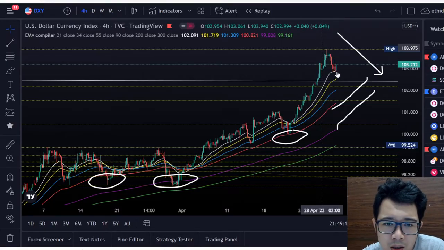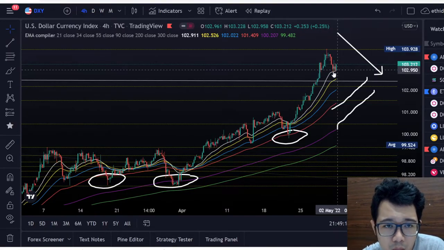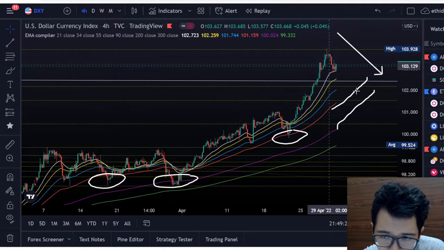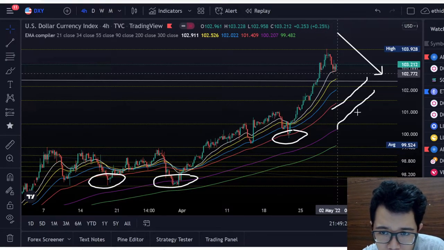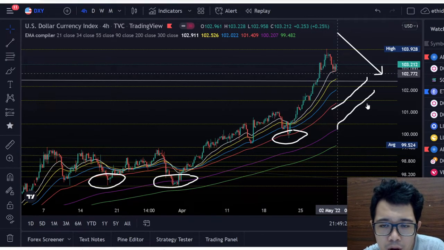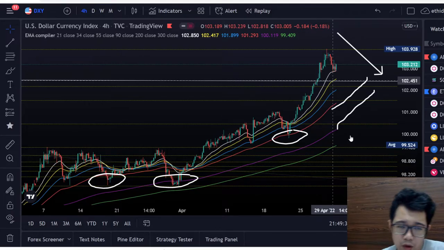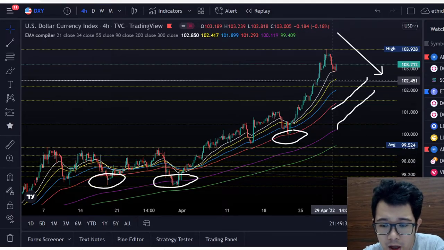In here, it still holds at the moving average 21 in the 4 hour time frame. So I hope if it can go down, if it retests in here or in here, the Bitcoin can fly a bit. Let's hope that the DXY index goes downtrend, because the stock market and the Bitcoin always go in the opposite direction.